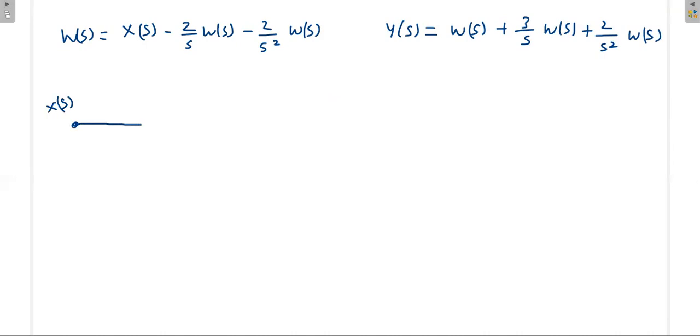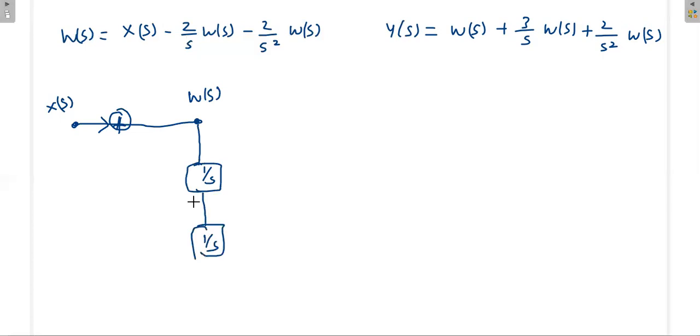Now it's going here, but here we have a common intermediate function, that is W of s. We need W of s from x of s as well as from W of s combined together, so I can use one addition here. It comes this way. Then use an integrator here, 1 by s, and another integrator here, 1 by s.